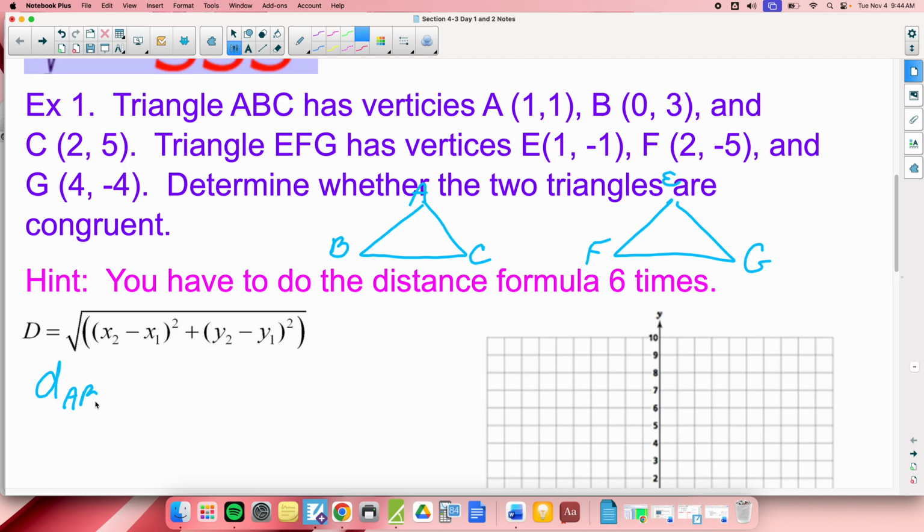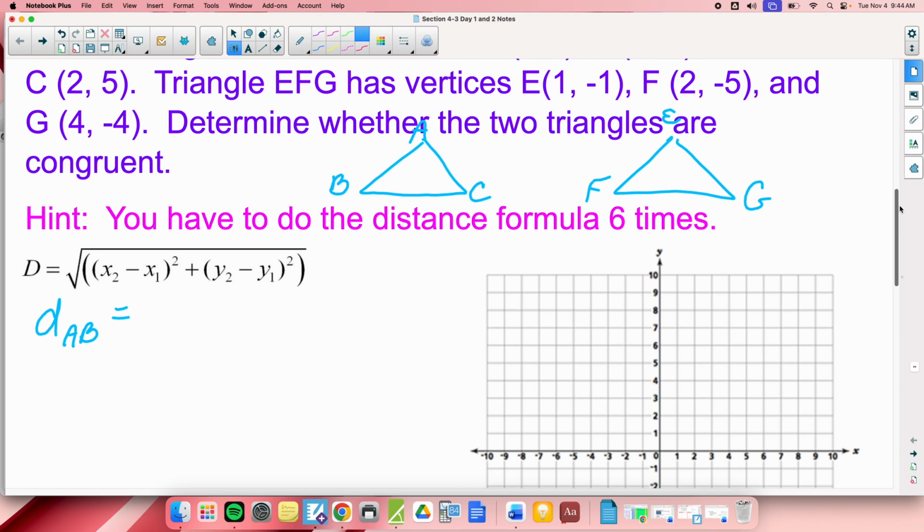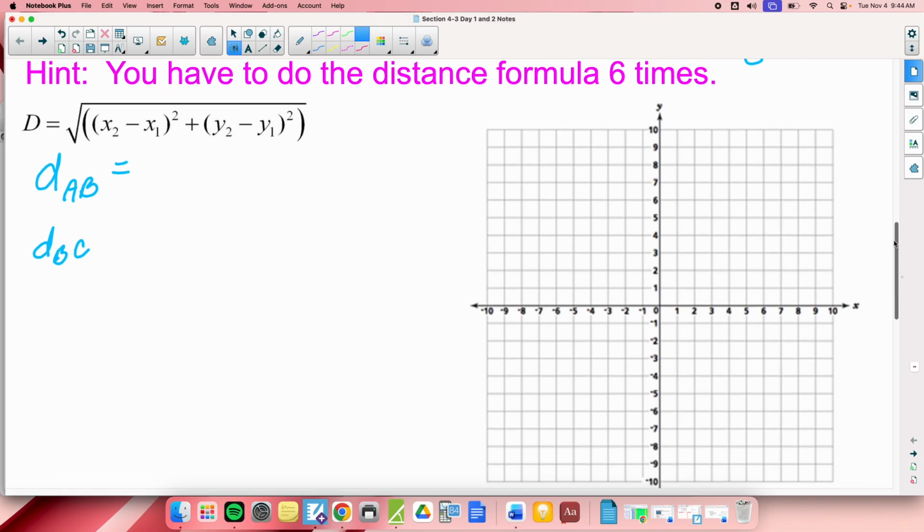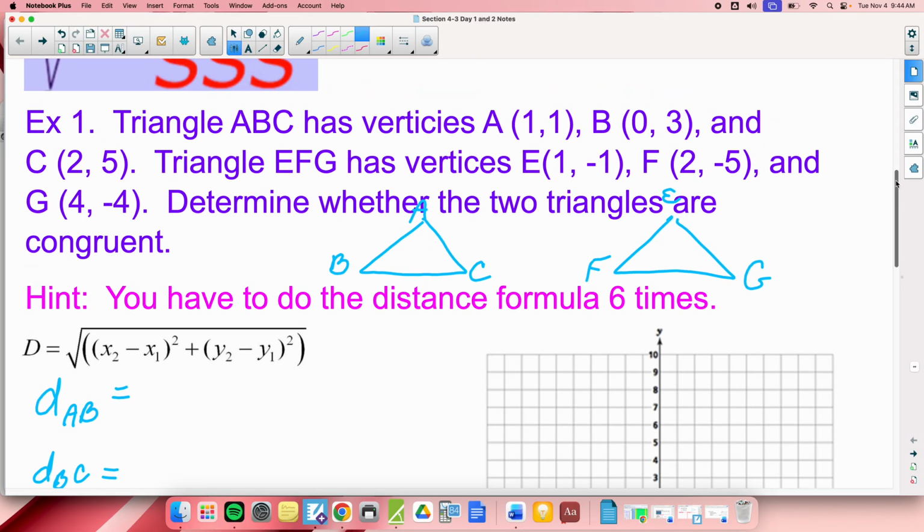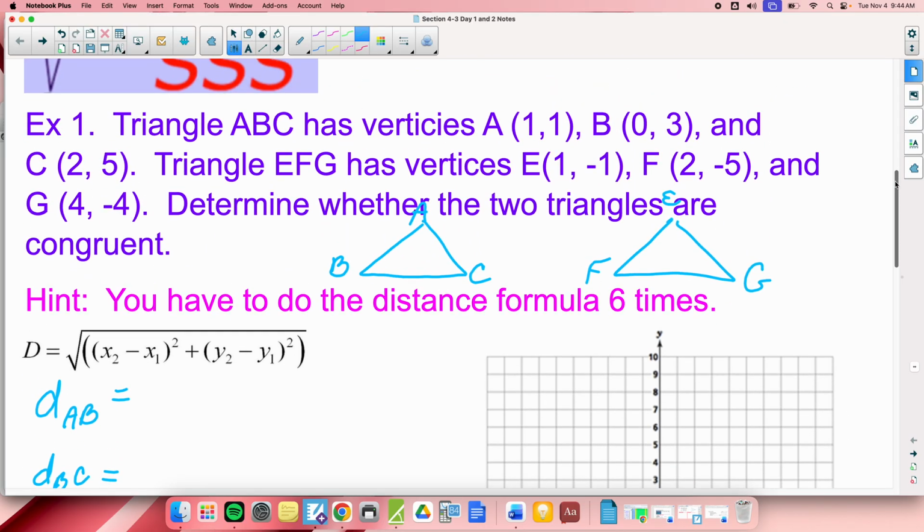This is the distance between A and B. Then we have to find the distance between B and C, and we want to find the distance between A and C. Once we get those, then we can start finding it on this triangle, and we don't know yet what side AB should be congruent to here.